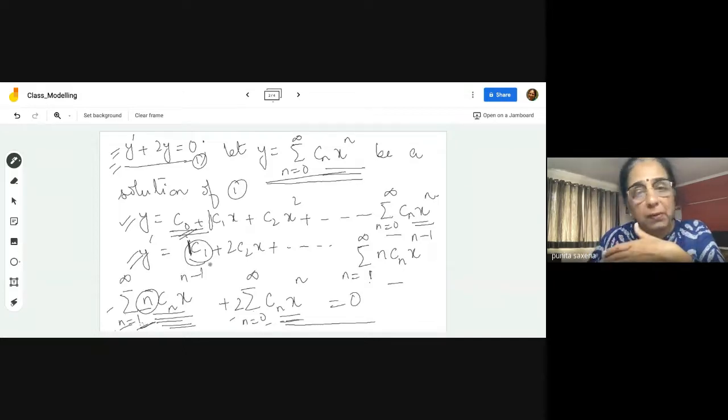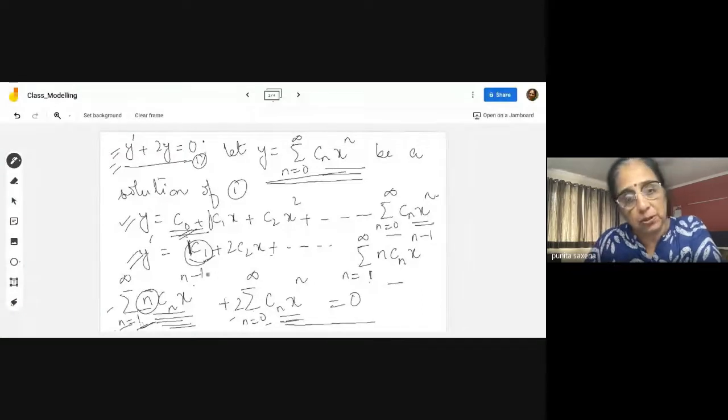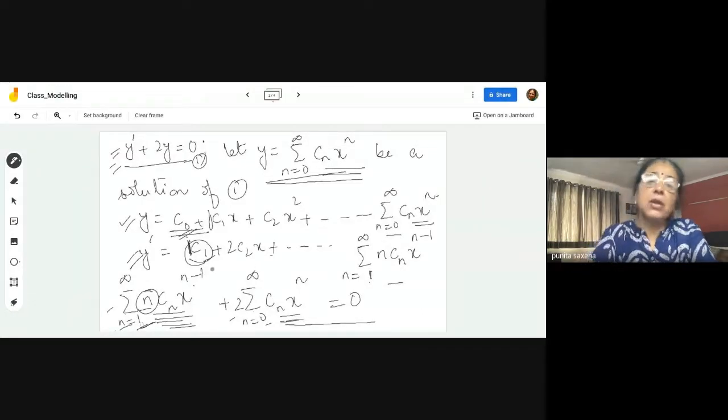And if you do it otherwise, you will get C0, but we need a constant term with C1 and x with C2, so that problem will always remain. So it's better to learn the generalized way of changing the indexes of summations. Is this okay?